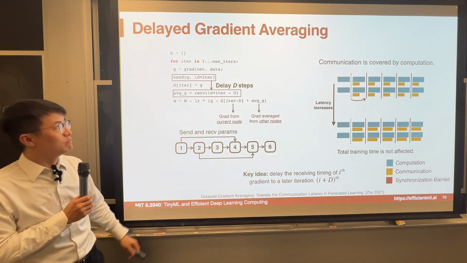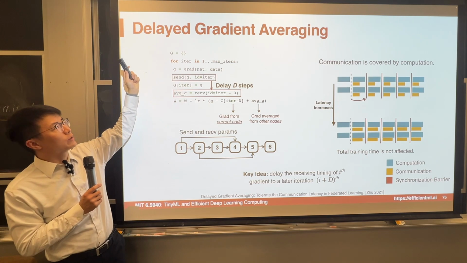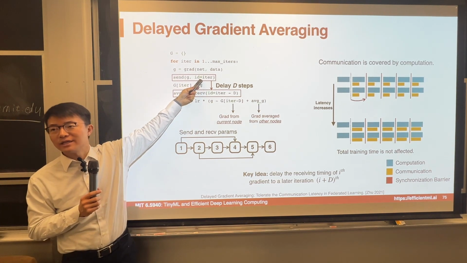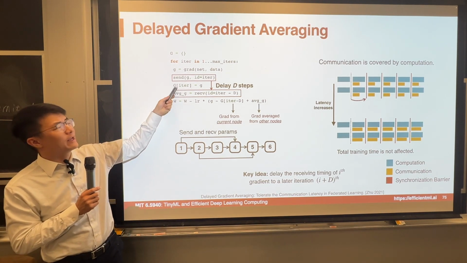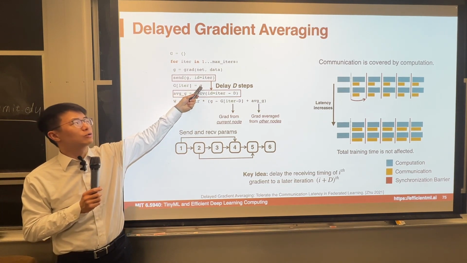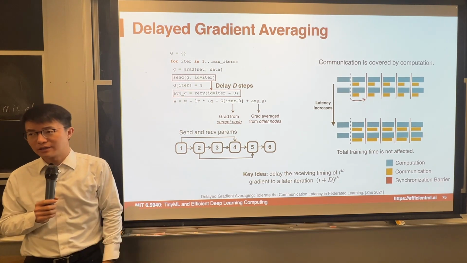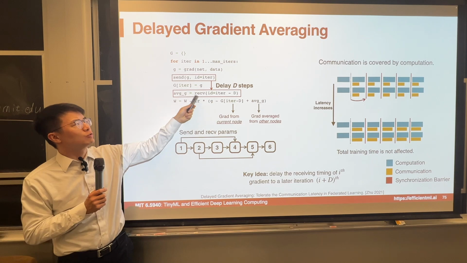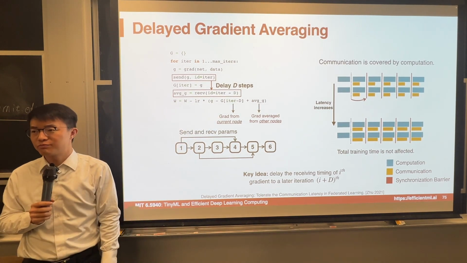So how do we implement that in code? For each iteration, we calculate the gradient, we send the gradient, the ID is the current iteration, and then we maintain this list of our iterations. We use the current gradient to populate this array, and then we receive the gradient that was actually sent D iterations before.